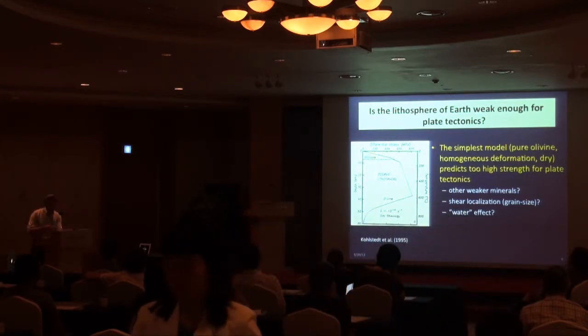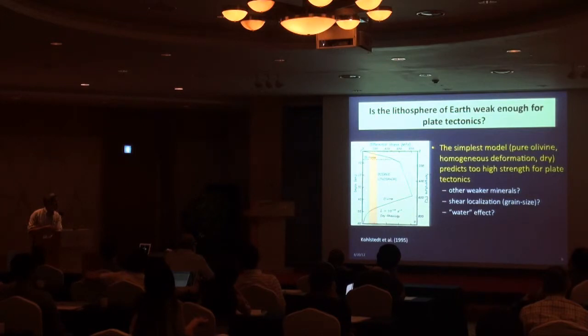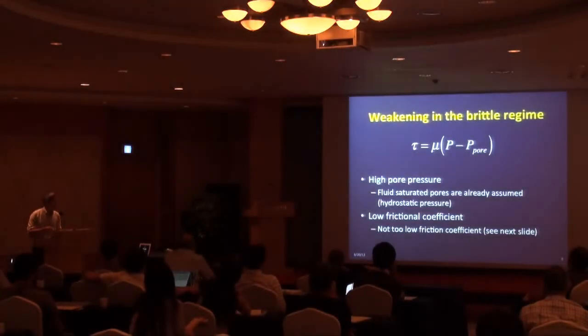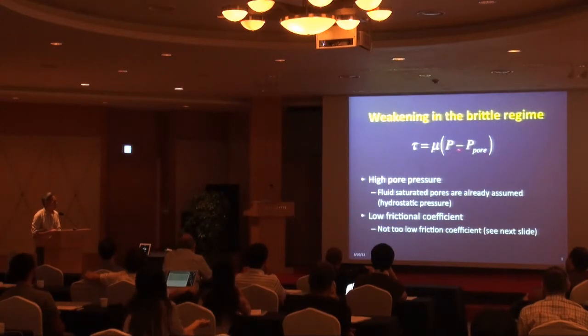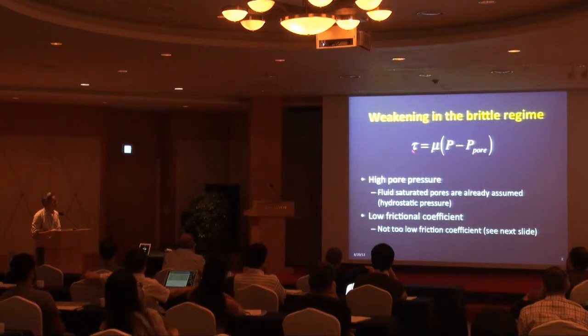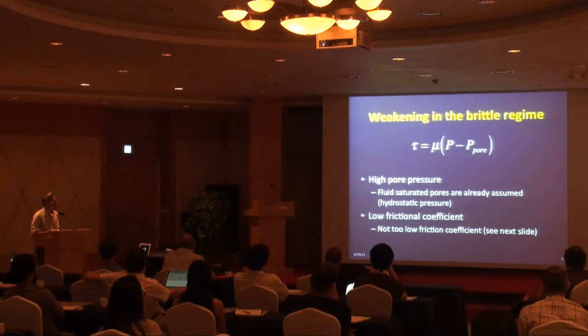The common assumption to argue for weak strength is that the resistance to sliding is controlled by the friction coefficient and the effective pressure acting on the sliding plane, like a fault plane. The effective pressure is the real pressure minus the pore pressure. If the pore pressure is very high, you can reduce this P minus P pore, and thereby reduce the resistance to friction.